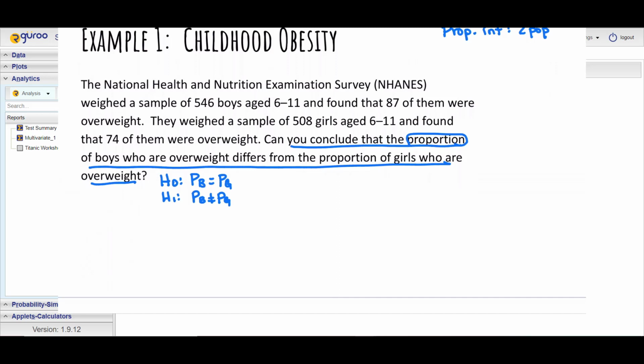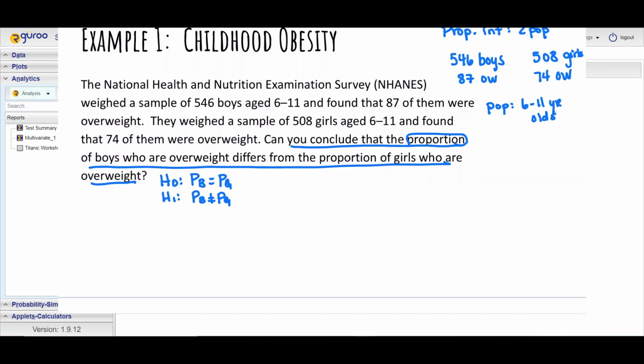And so let's label what we know. We know that we have 546 boys, and of those, 87 are overweight. I'm just going to write OW for overweight. And then you have 508 girls, and then of those, 74 are overweight. And the population is 6 to 11-year-olds.